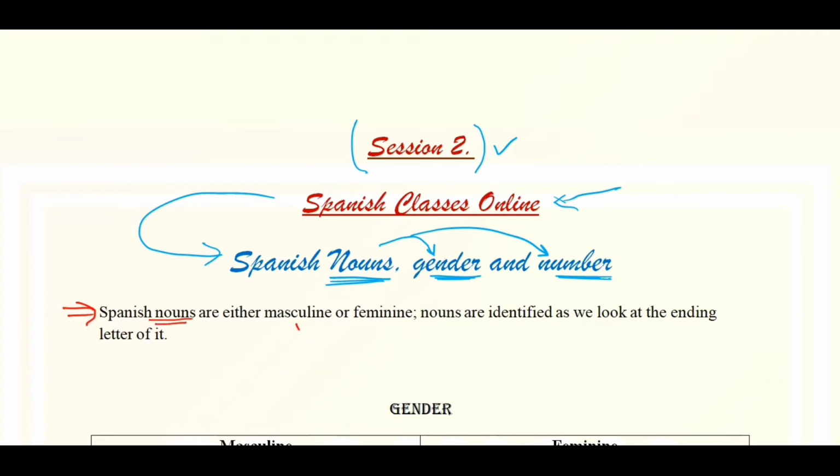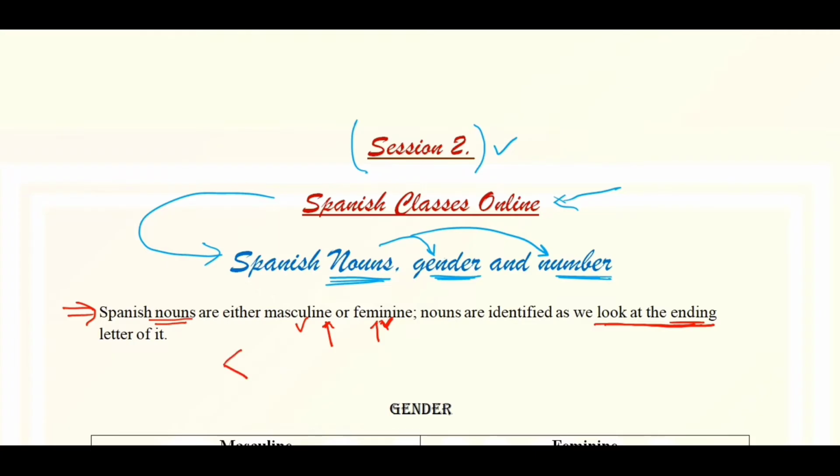Spanish nouns are either masculine or feminine. How do we identify? We have to look at the ending of the word. Then we'll study these two factors: gender, that is masculine and feminine, and the second factor is number.